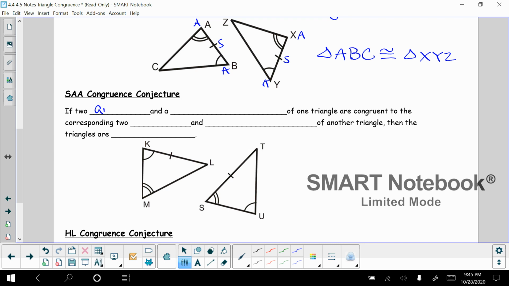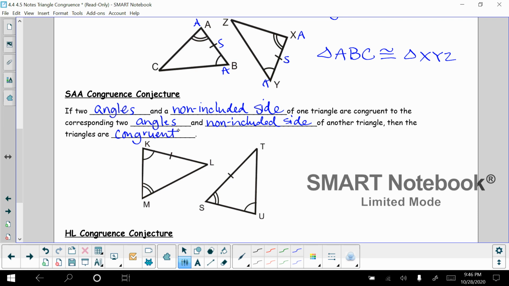So if 2 angles and a non-included side, notice this is not going to be in between the 2 congruent angles, non-included side of one triangle are congruent to the corresponding 2 angles, and again, non-included side of another triangle, then the triangles are congruent.